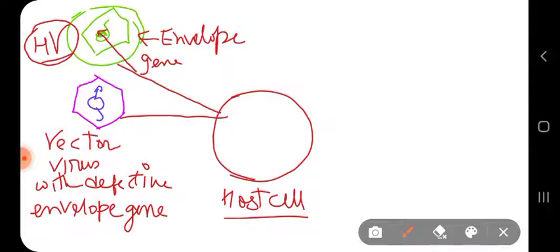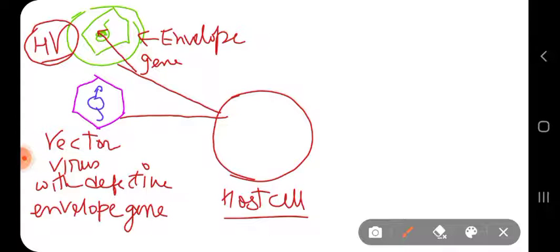Along with the helper virus, the vector having that defective envelope gene can enter the host cell, and both of them can multiply. By repeated multiplication in the host cell, billions and billions of vector virus and helper virus can be produced. Then it has to be purified.